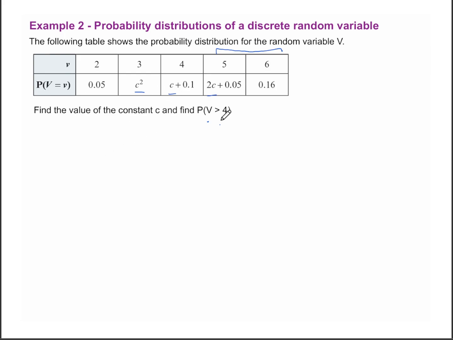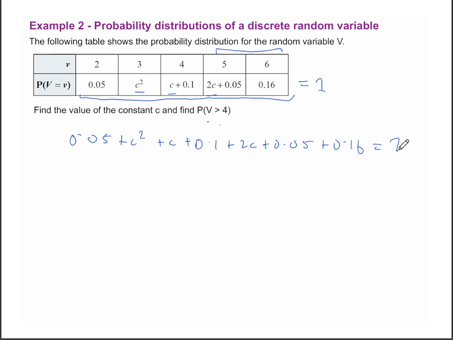What do we know about probability distributions? That the sum of all the probabilities of the random variable will equal 1. So we have that 0.05 plus c squared plus c plus 0.1 plus 2c plus 0.05 plus 0.16 is equal to 1.